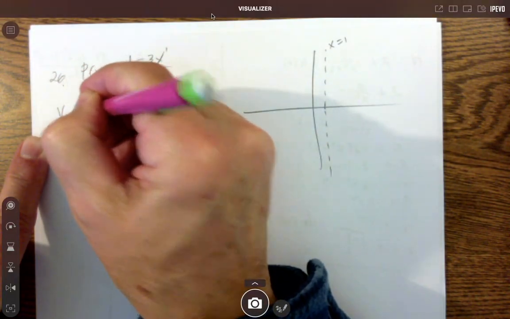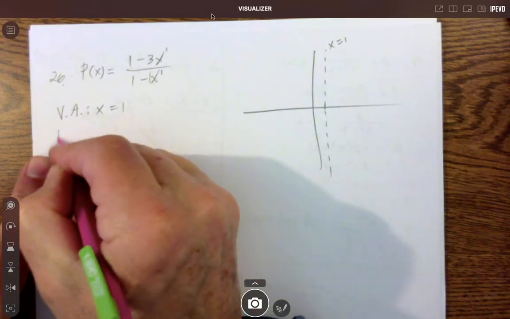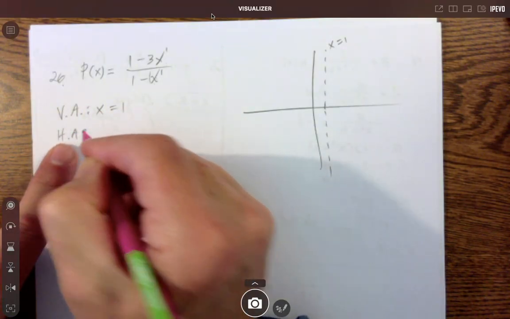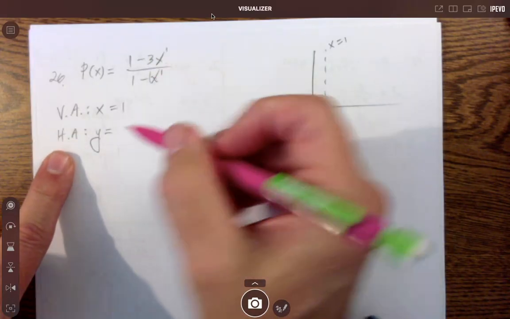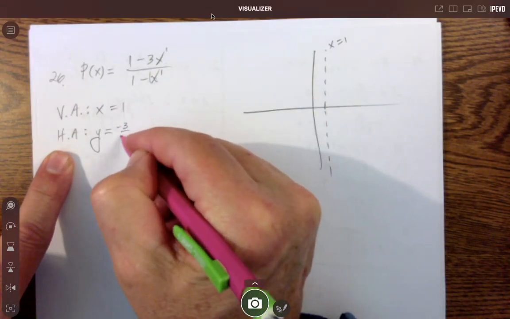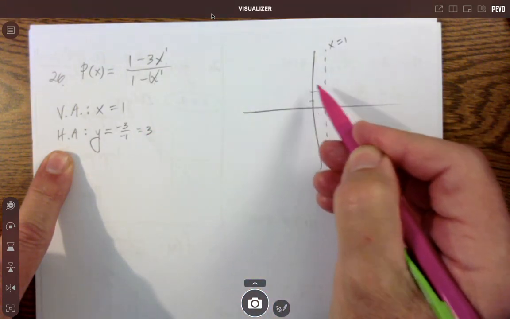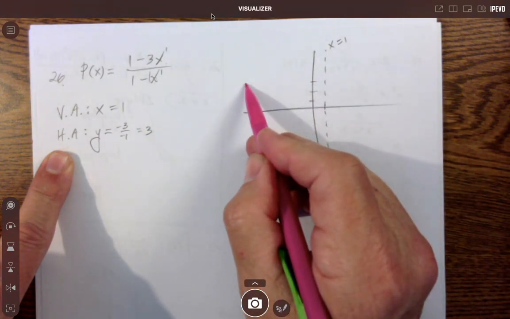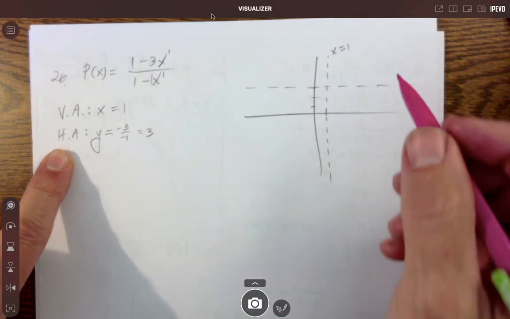Hold on, I forgot to write down my vertical asymptote. That was x equals 1. Horizontal asymptote: y equals negative 3 over negative 1, which is just 3, right? So if I go up here to 1, 2, 3, I should have a horizontal asymptote up there.